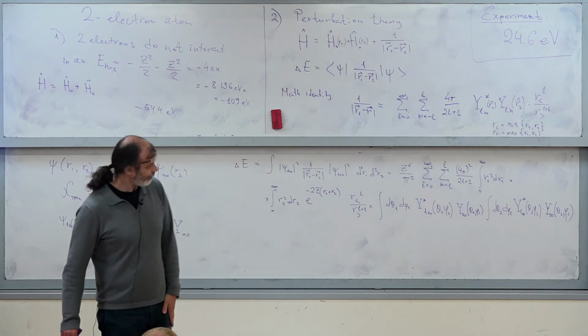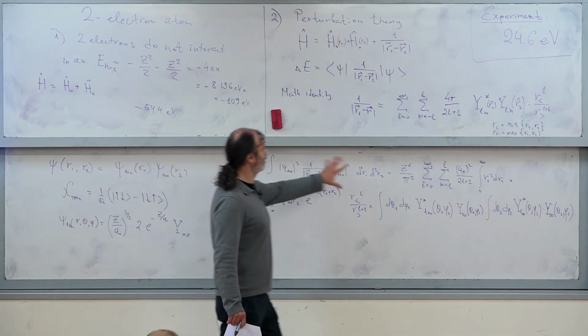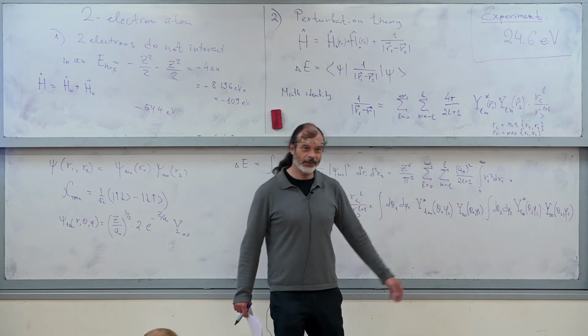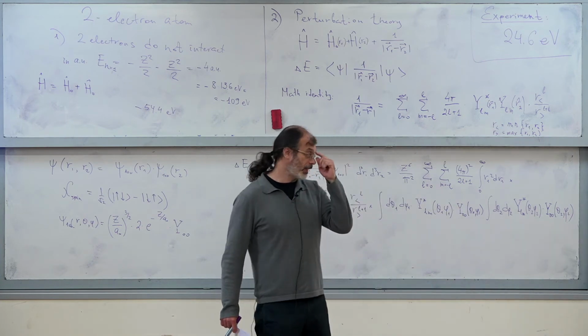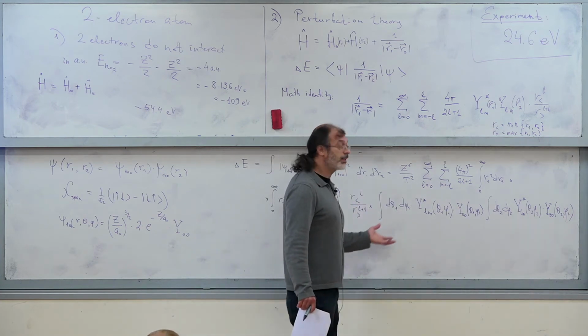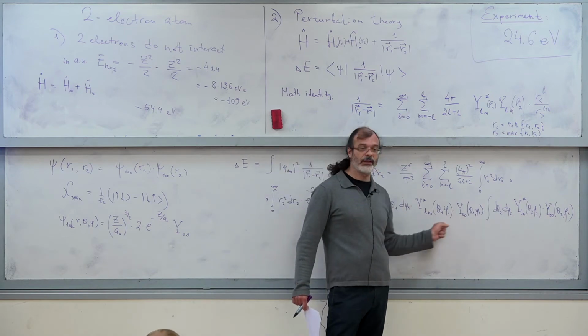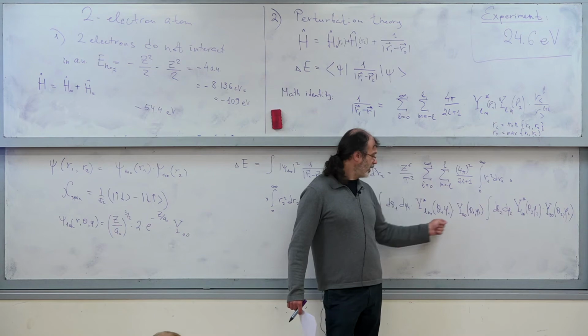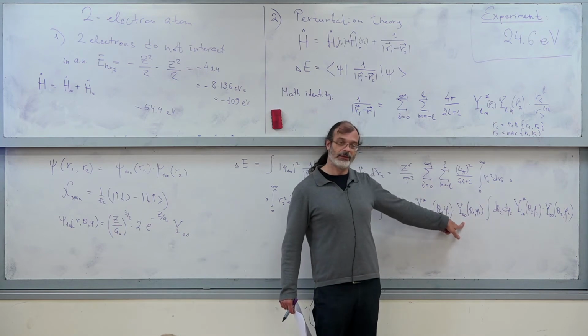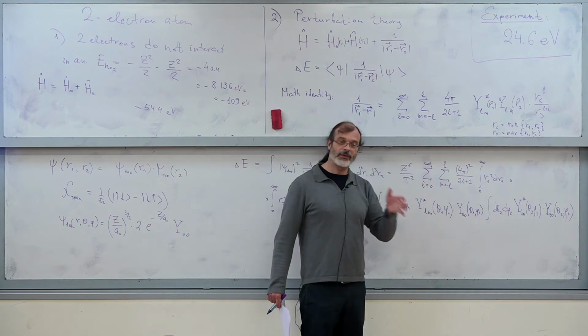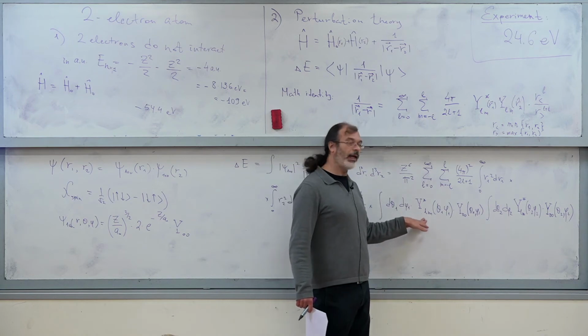Okay? So this is the monstrous integral that we have to take. The point is that this nonsense integral becomes extremely easy because you have a multiplication of these spherical harmonics here. So this spherical harmonic is 0, 0, and this is a sum over all spherical harmonics of L and M, right?